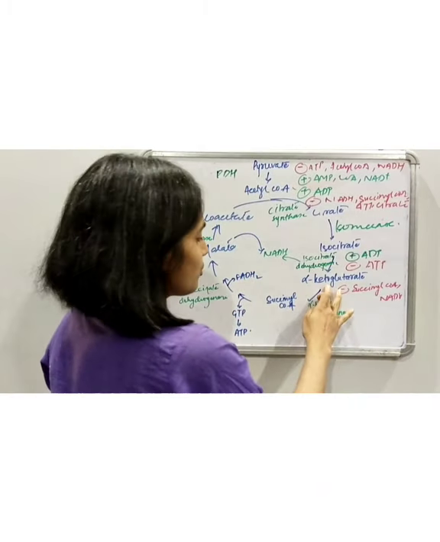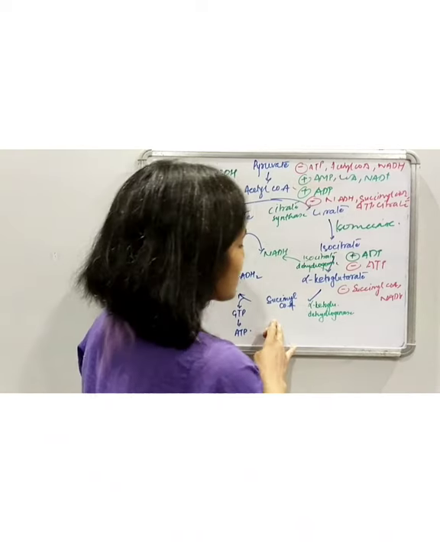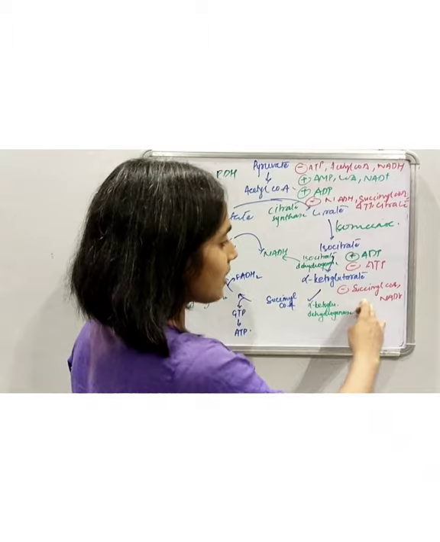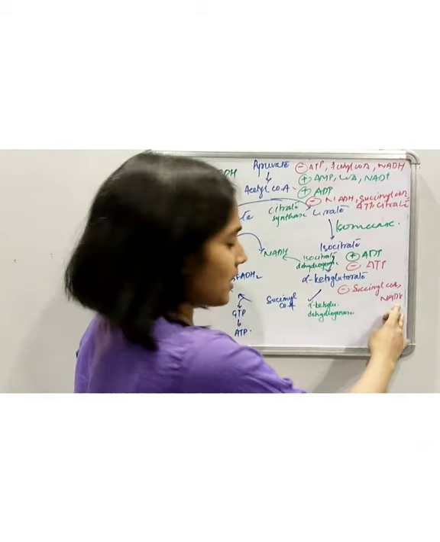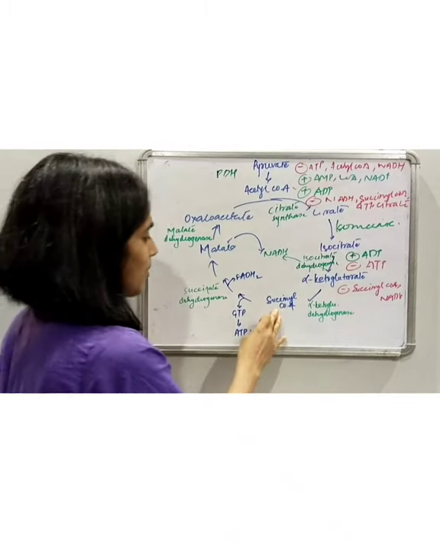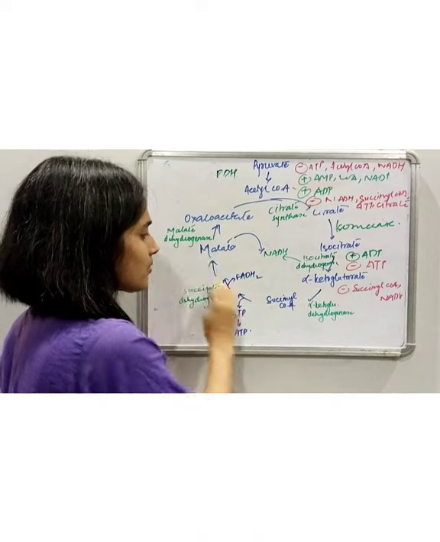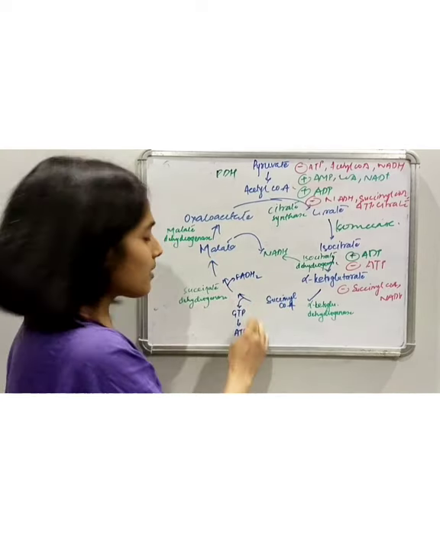Now this alpha ketoglutarate is converted into succinyl coenzyme A, catalyzed by the enzyme alpha ketoglutarate dehydrogenase, and succinyl coenzyme A and NADH act as repressors. Now this succinyl coenzyme A is converted into malate, and during this conversion FADH2 and GTP, which is then converted into ATP, are generated.